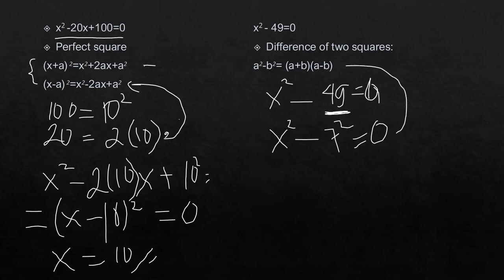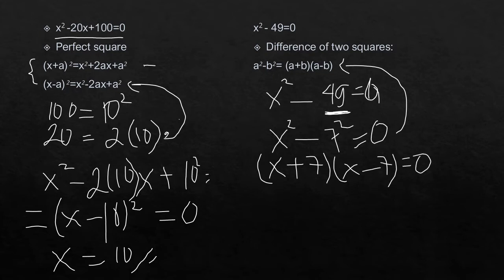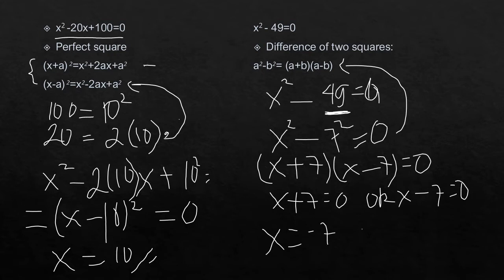Putting this into this formula right here, we can factorize the equation as x plus 7 multiplied by x minus 7 equals 0. Now we just need to solve for this. x plus 7 equals 0 or x minus 7 equals 0. x equals negative 7 or x equals 7.